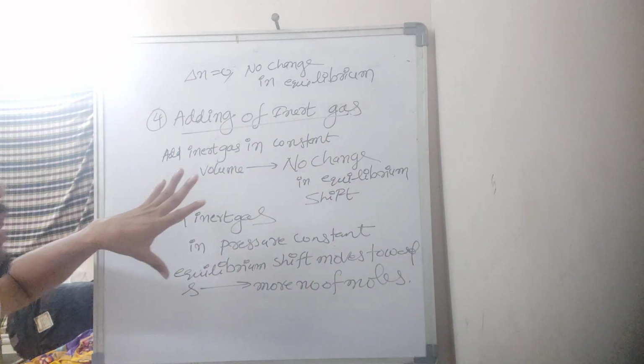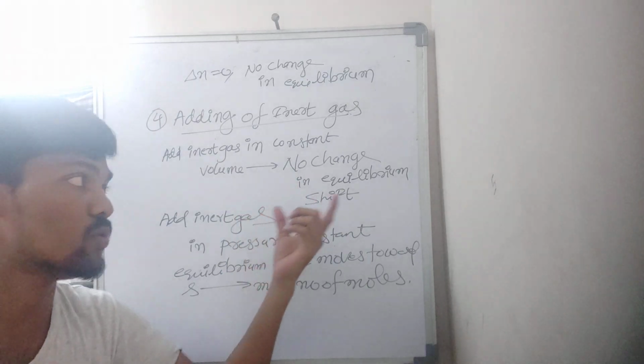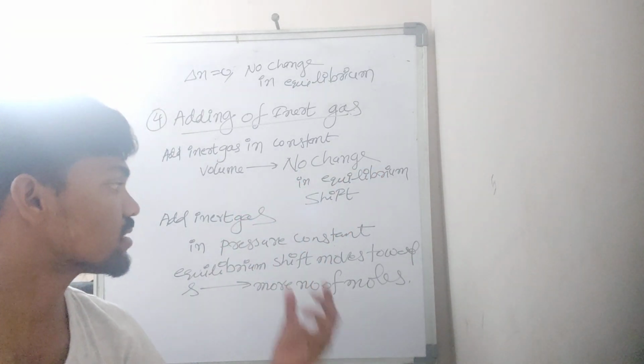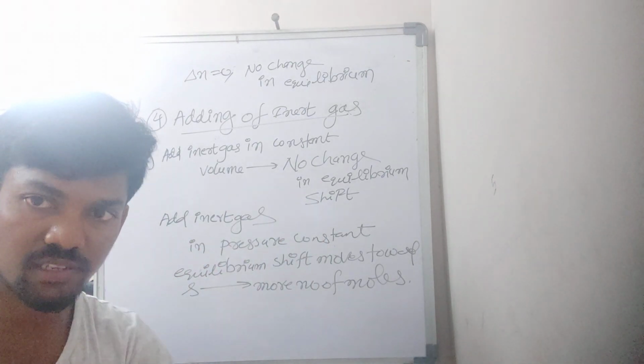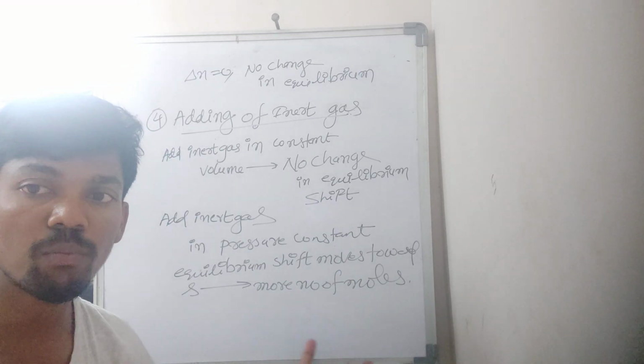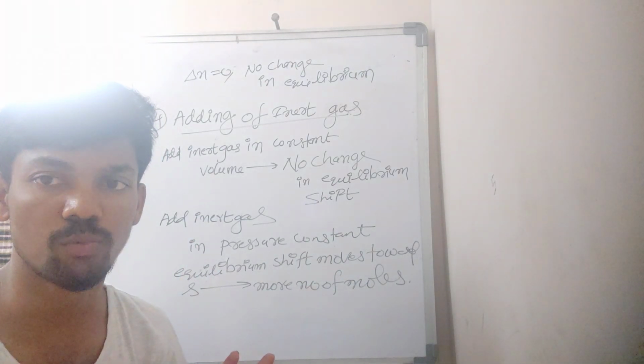Adding of inert gas: if you add inert gas at constant volume, there is no change in equilibrium shift. If you add inert gas at constant pressure, the equilibrium shifts towards more number of moles. These are the main concepts observed in chemical equilibrium.